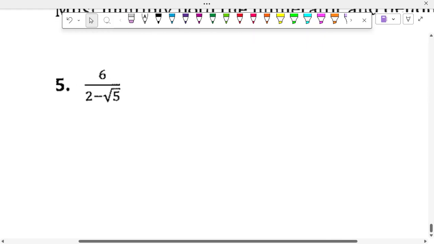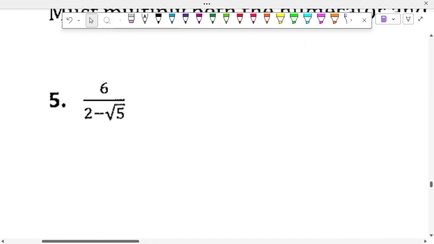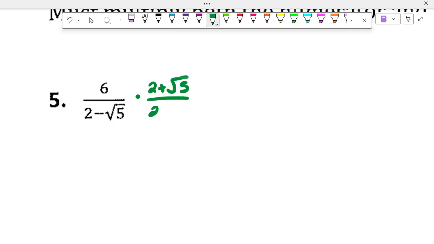So in other words, for number 5, what do you think I'm going to multiply to the top and the bottom? 2 plus the square root of 5. Because what will happen is that the square roots will end up canceling out, at least in the denominator, which is what we want. All right.